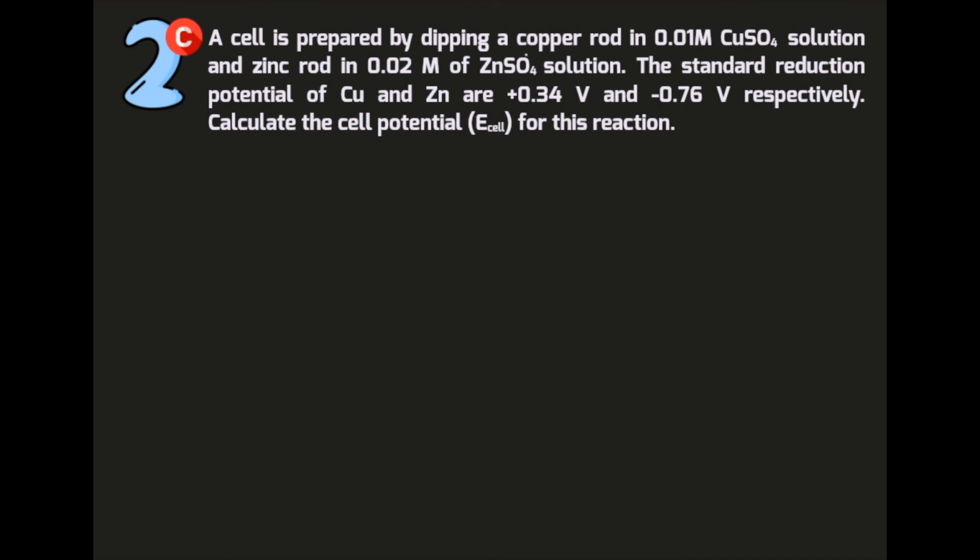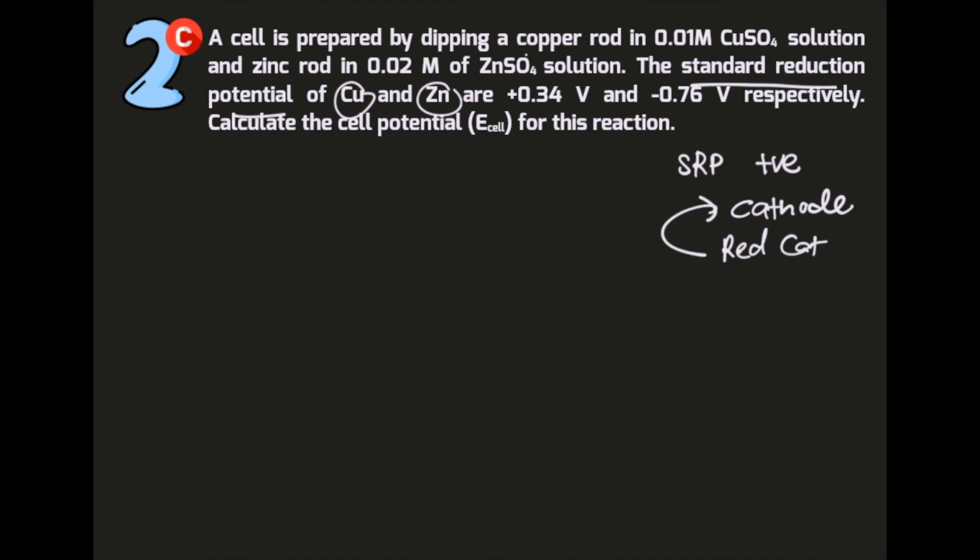Alright, in this question you were given the standard reduction potential for copper and also zinc. So when you have the standard reduction potential, you need to look at the more positive value. The more positive value means that it shall be at cathode, whereby in cathode is red cat. So reduction always occurs at cathode.